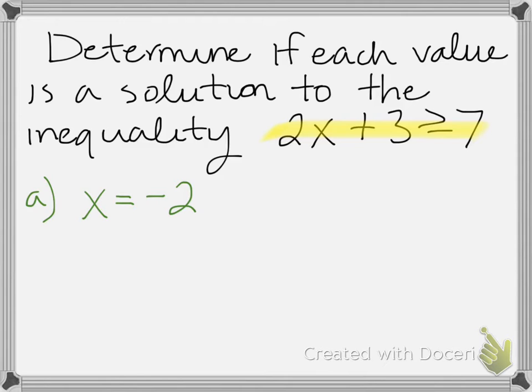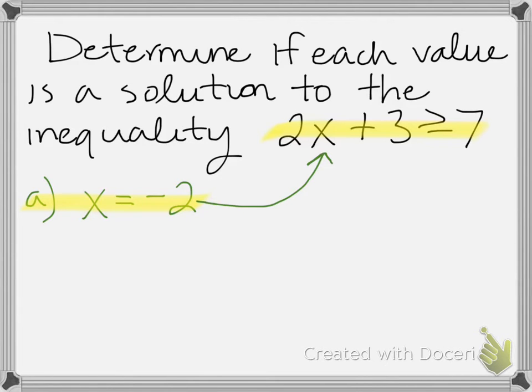So we're given an inequality, and in letter A, we're told x equals -2. So all you need to do is plug in x equals -2 for the x and determine if the inequality comes out true.